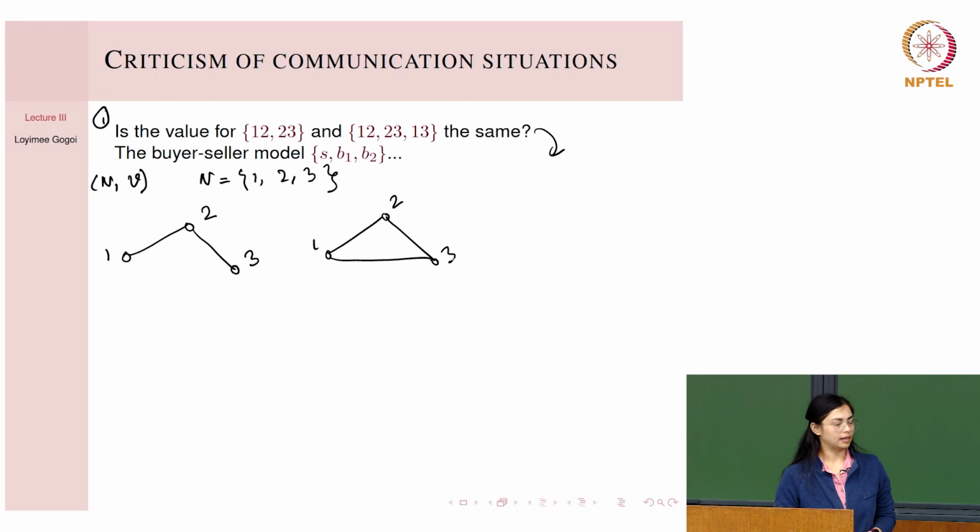One is complete, and in another only 1, 2 is connected and 2, 3 is connected, and 1 and 3 are connected through 2, but they don't have any direct connection.